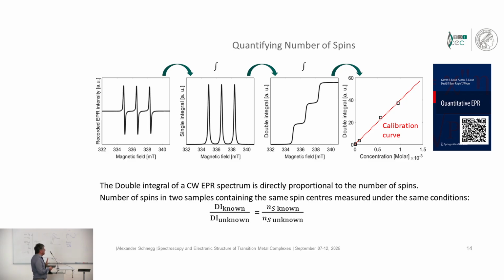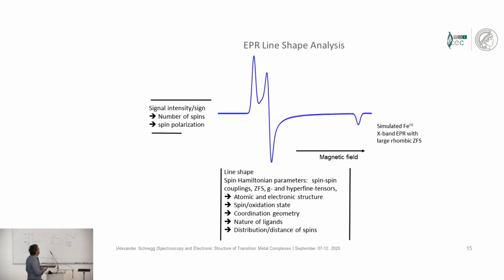For metals it's sometimes difficult, and for the details I would advise you to look into the book by Gareth and Sandra Eaton, which covers most cases which you may encounter. Basically, just as a spoiler, the main challenge is to get a good calibration curve. This integration may work, however, you have to relate your spins to a reference sample, and these are often not easily available.